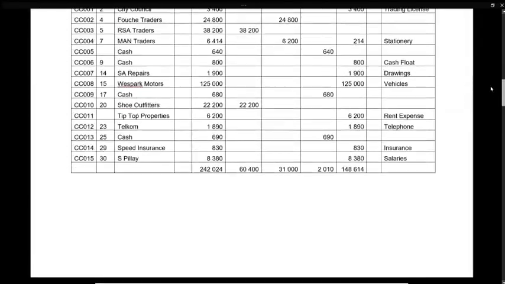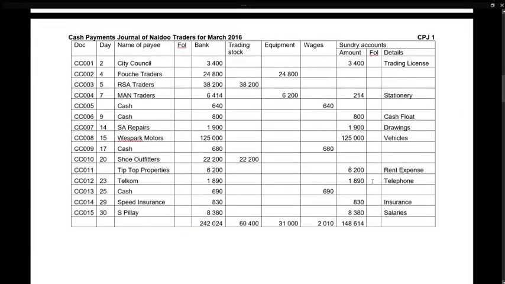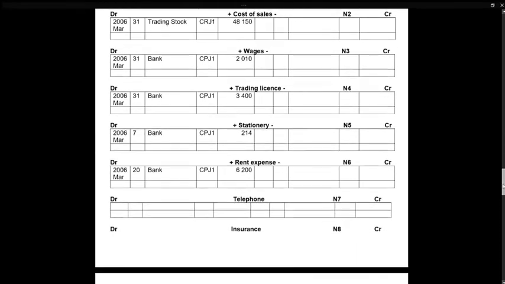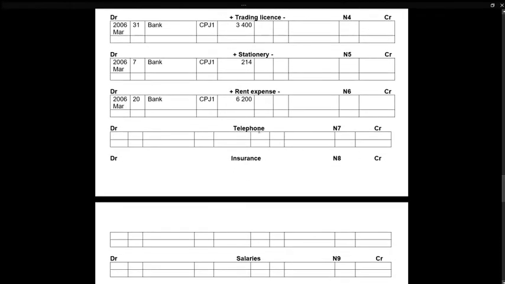Next one, telephone. Remember, just the telephone bill. Therefore, it's an expense. 1,890 Rand on the 23rd. Alright, let's go and fill that in. Expenses is plus, minus. Done a few of this now already. Right, telephone bill was 1,890 Rand.